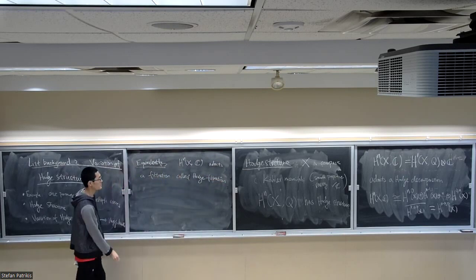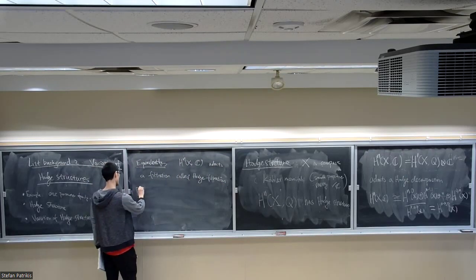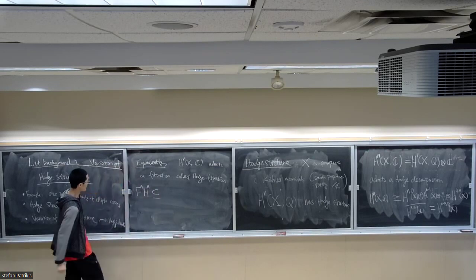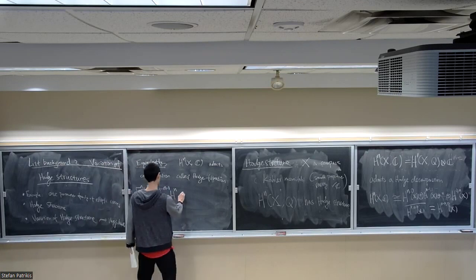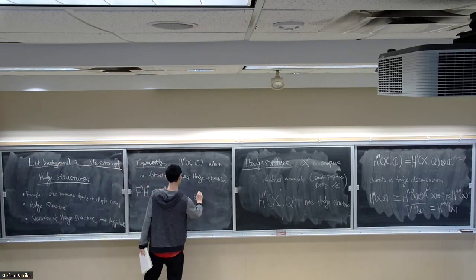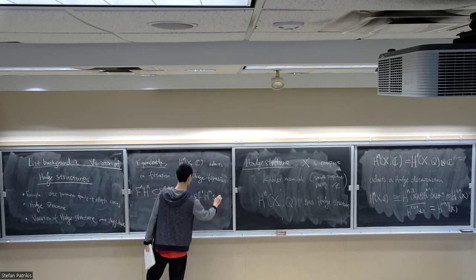This is just a sequence of spaces: F^n H^n, F^{n-1} H^n, and up to F^1 H^n and F^0 H^n.